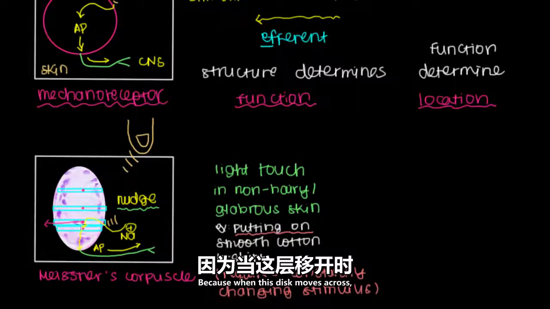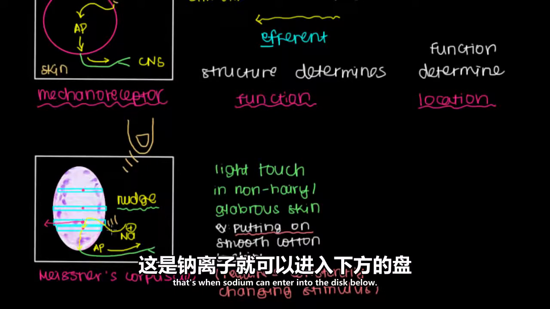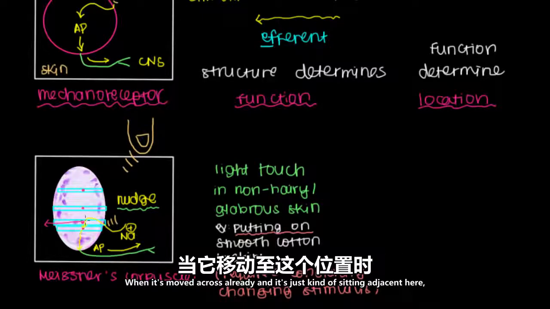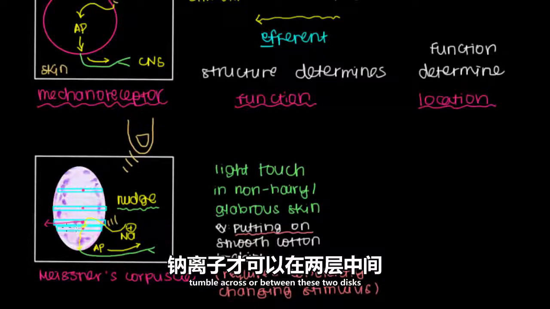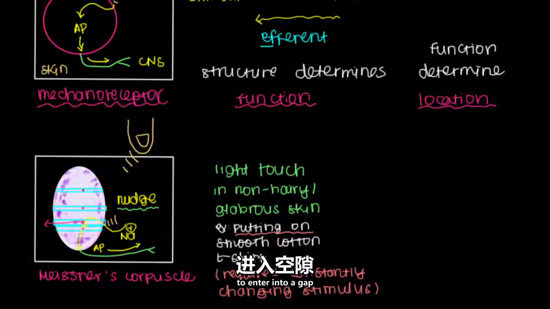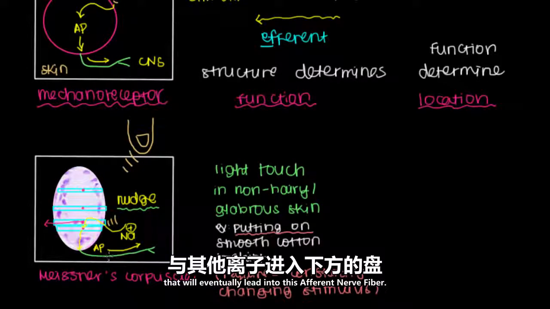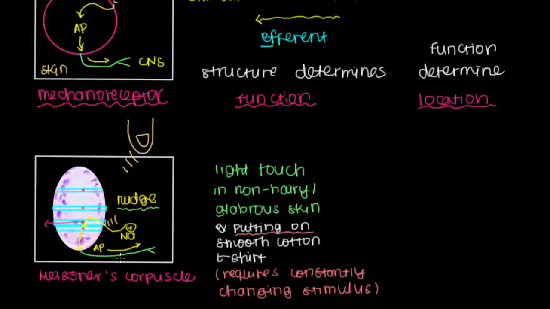Because when this disk moves across, that's when sodium can enter into the disk below. When it's moved across already and it's just kind of sitting adjacent here, the sodium's not going to be able to enter. It's the movement that allows the sodium to kind of tumble across or between these two disks to enter into a gap that'll eventually lead into this afferent nerve fiber. And so keep that in mind.